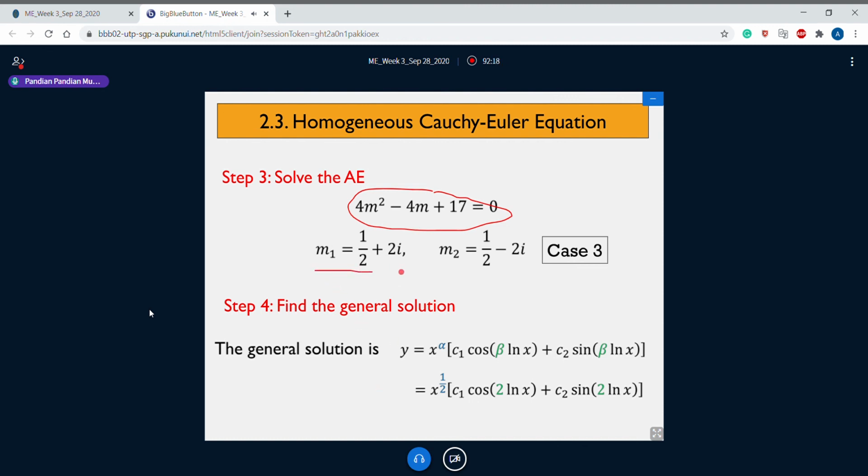Here it is easy because they already wrote the answer, but you have to do the calculation. So the calculation goes like this. Write down, yeah? A 4, B minus 4, C 17.